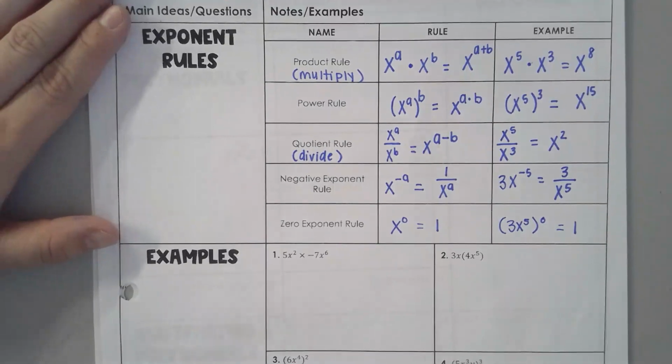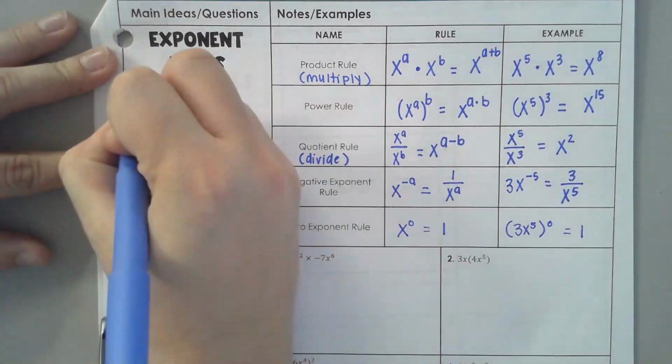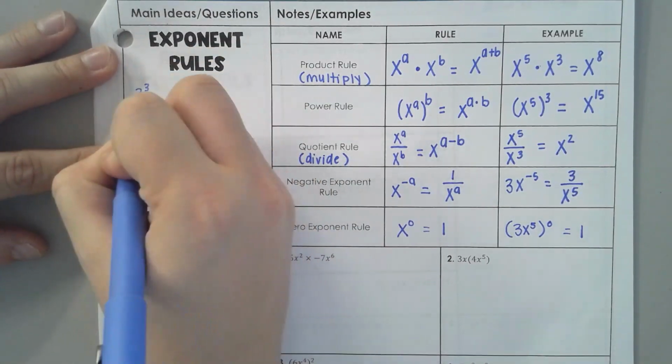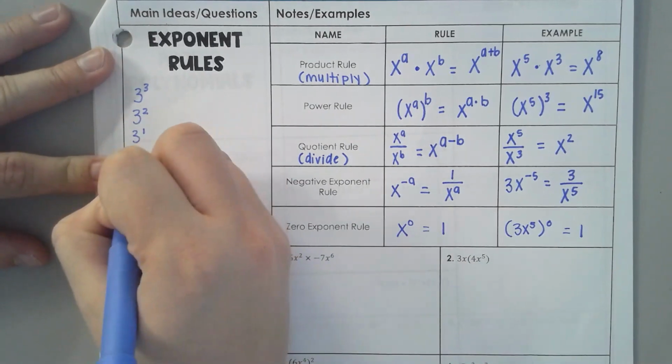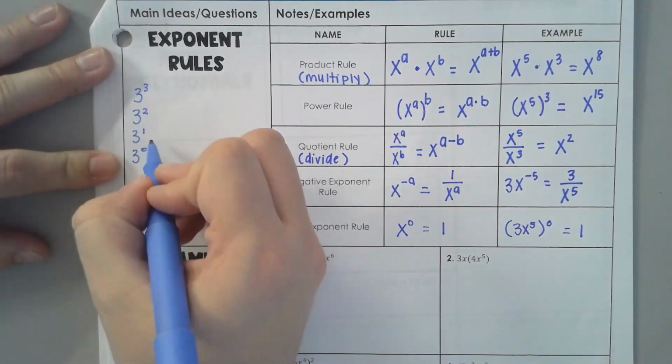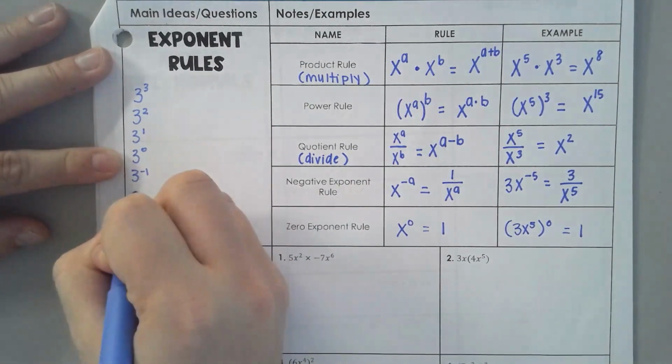So here's an example to show you why that is true. I'm going to find 3 to the 3rd, 3 to the 2nd, 3 to the 1st, 0. Notice I'm subtracting 1 from my exponents.